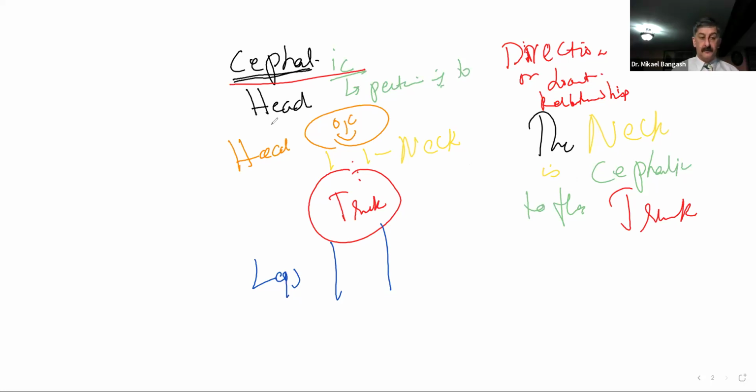So this word cephalic is mainly going to be used when we refer to things in terms of the relationship of their placement. This is more of a directional term.